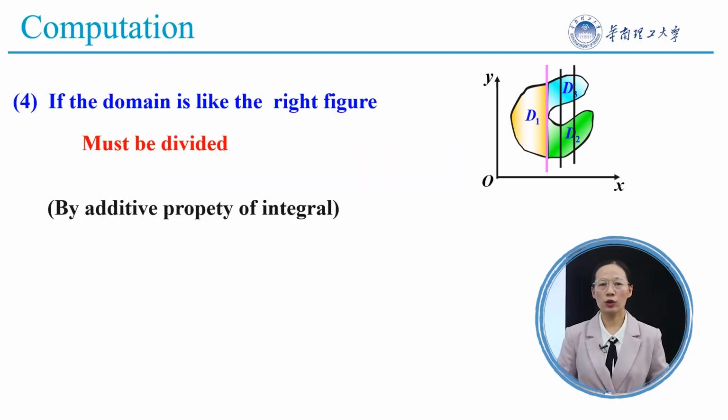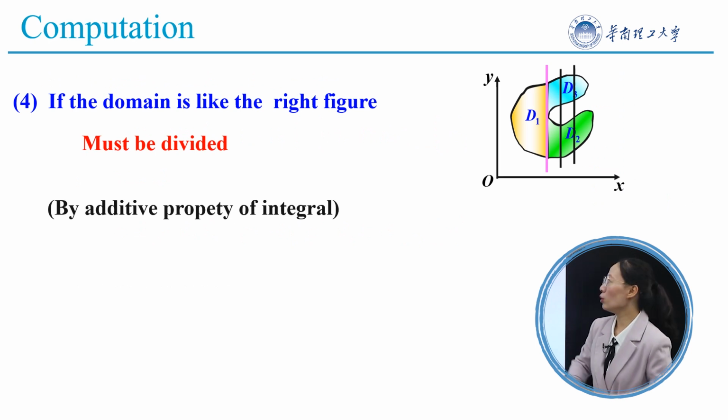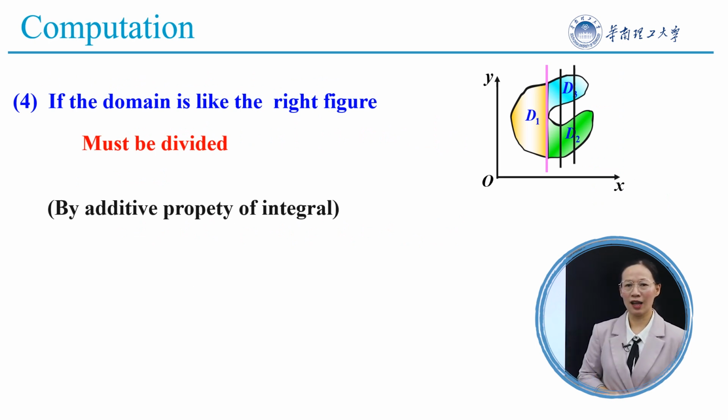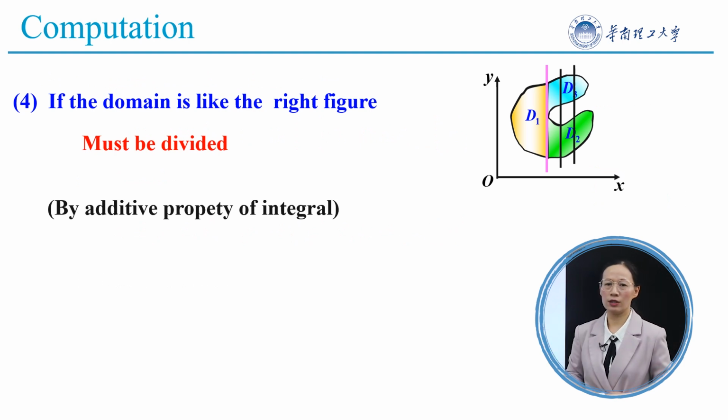If the integral domain is neither X-style nor Y-style, it can usually be considered as a union of pieces that have one or the other of these properties. For example, if the domain is like the right figure, it can be divided into three X-style regions.